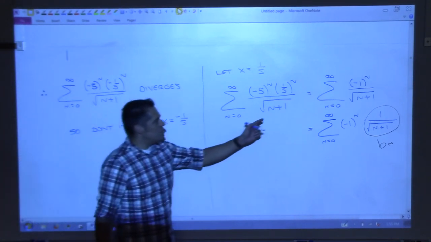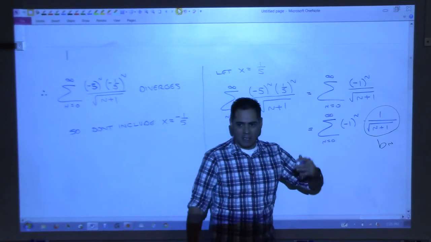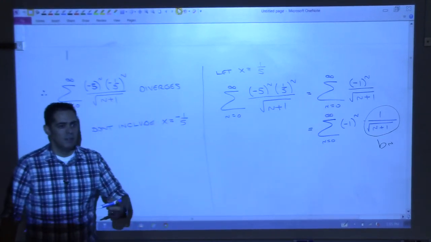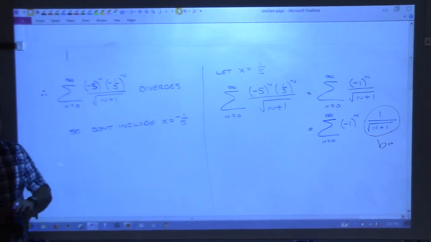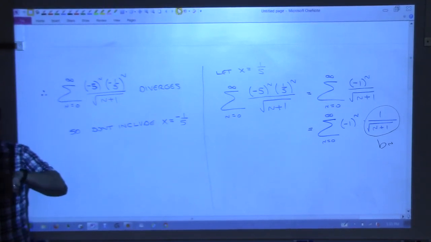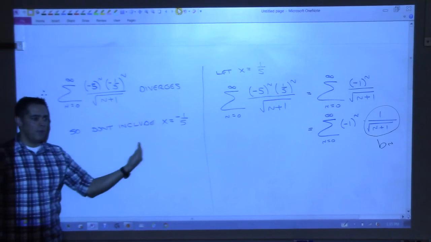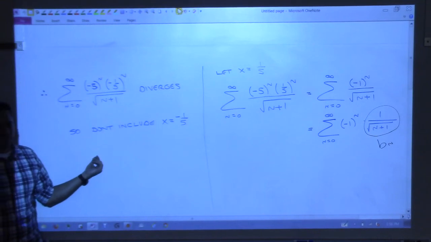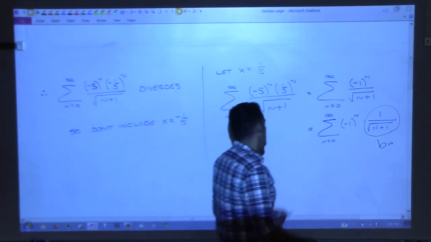If you do a ratio test on this, you're going to get 1, which means it's inconclusive. So once you get past finding capital R, when you get to the two endpoints, you will never use the ratio test for those two endpoints. You'll have to use something else. All right, but this one's okay.